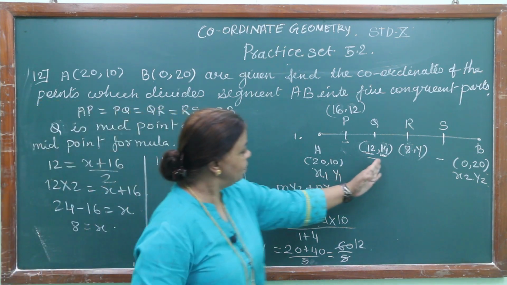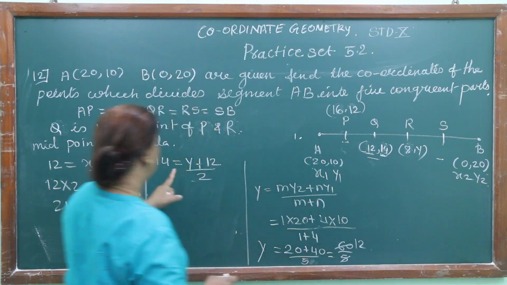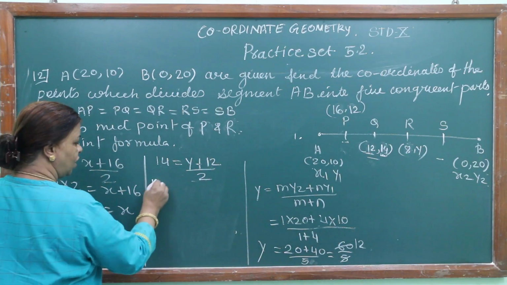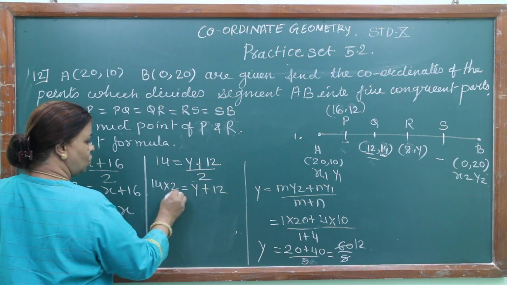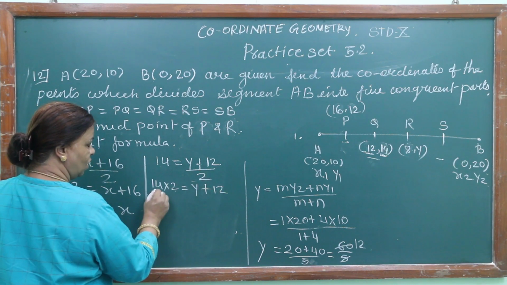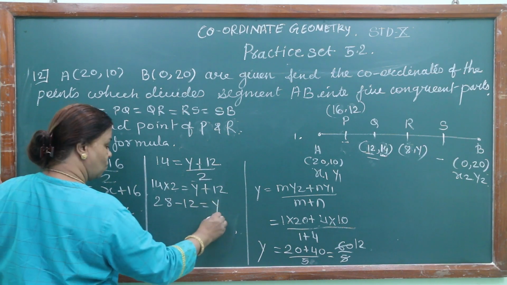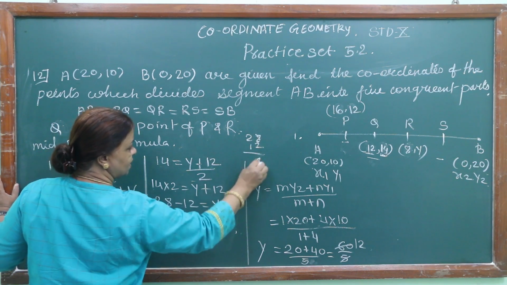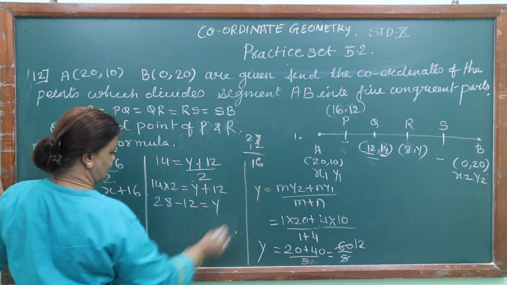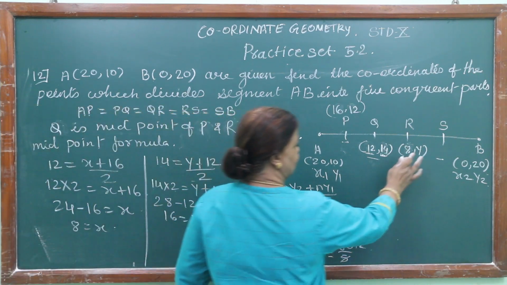See, if this is the midpoint, this is y1 plus y2 upon 2, na? So 14 into 2 is equal to y plus 12. 14 2s are 28 minus 12 is equal to y. So 28 minus 12 is 16. So y is equal to 16. So here we got 16.